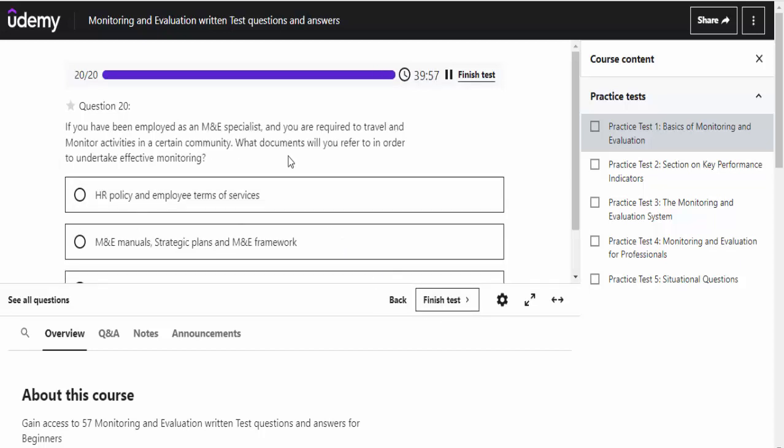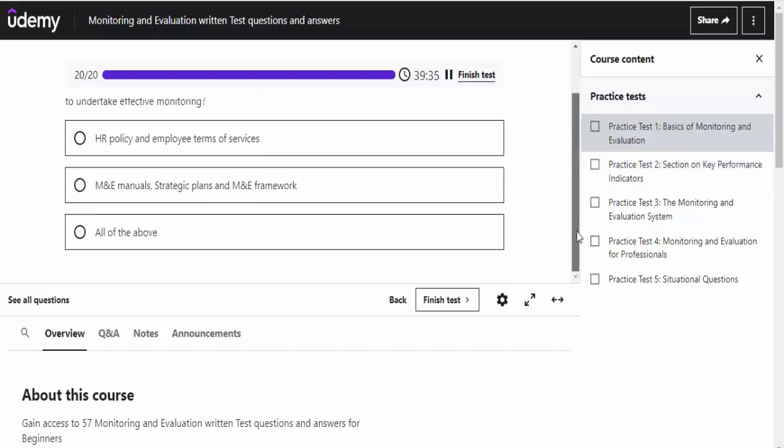Okay, so finally, if you have been employed as an M&E specialist and you are required to travel and monitor activities in a certain community, what documents will you refer to in order to undertake effective monitoring? HR policy and employee terms of service?